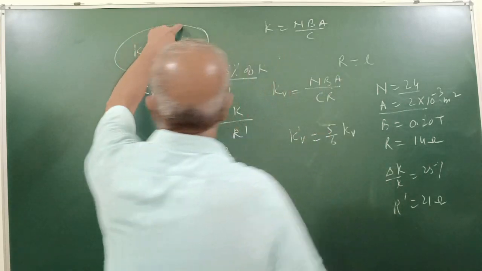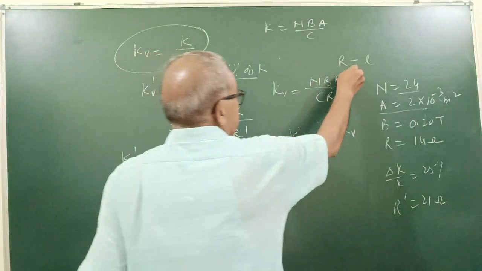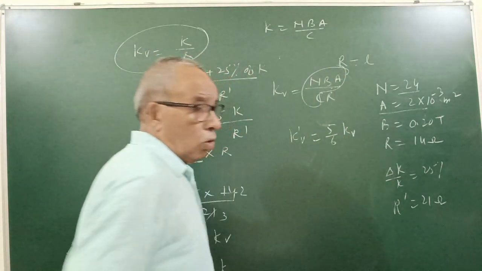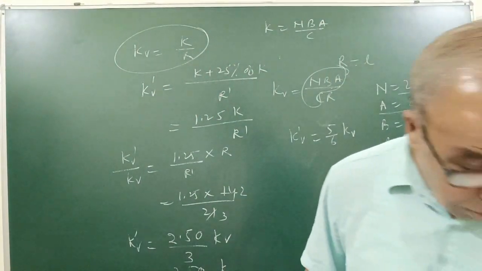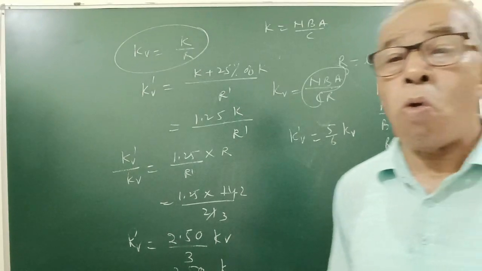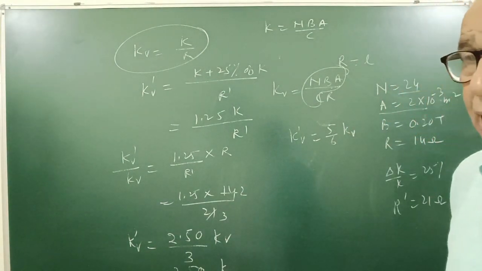That is why it is K upon R. They give different questions based on this. I hope you have got my point.